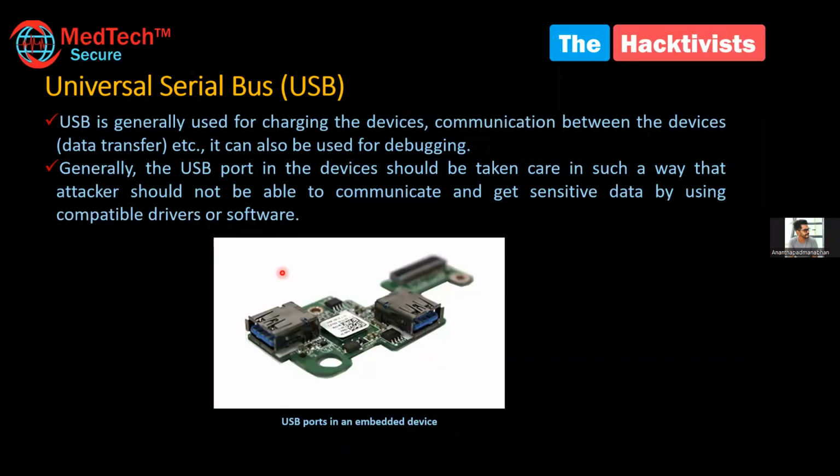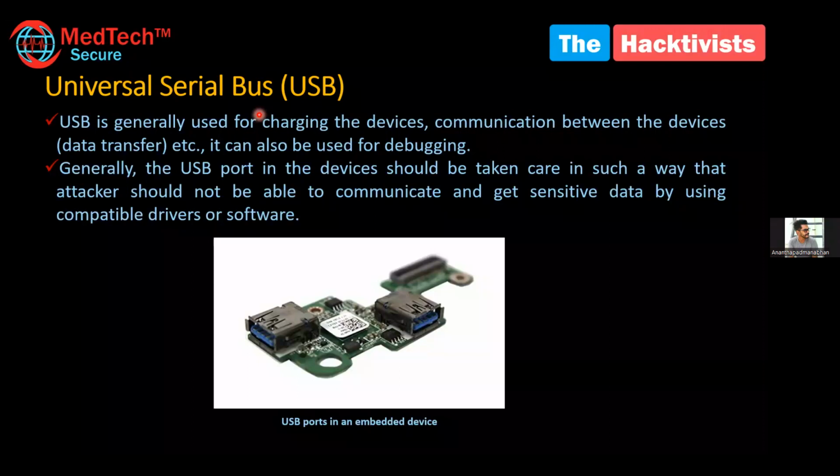I have mentioned USB as an important component in IoT security, because just imagine there is no proper validation or security check done on this USB part. An attacker can try to inject a malicious USB device into our target device, and it can take down the device and create some kind of manipulation.